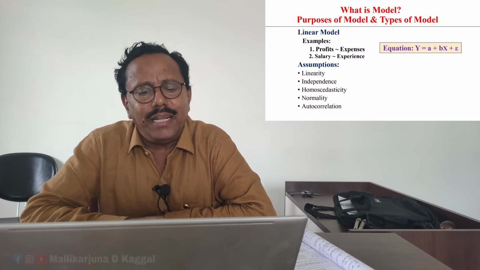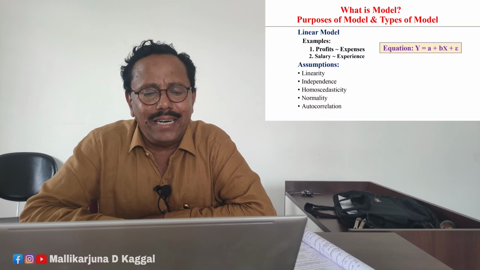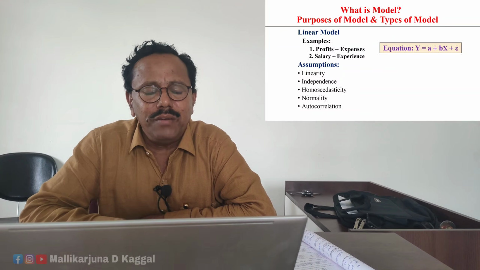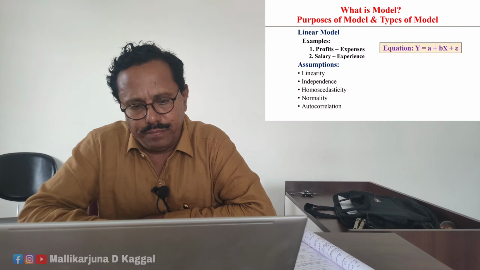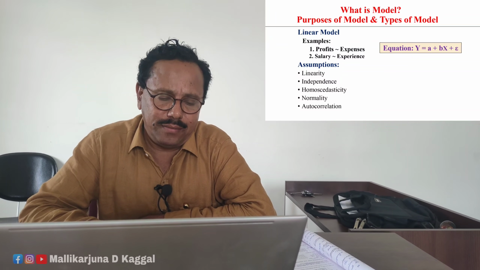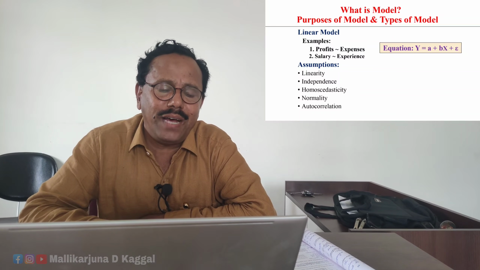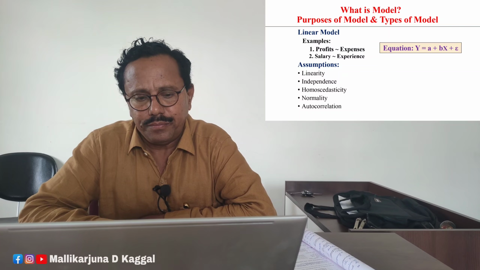In order to accept the null hypothesis, your p-value must be more than 0.05. In case the alternative hypothesis is to be accepted, your p-value must be less than 0.05.